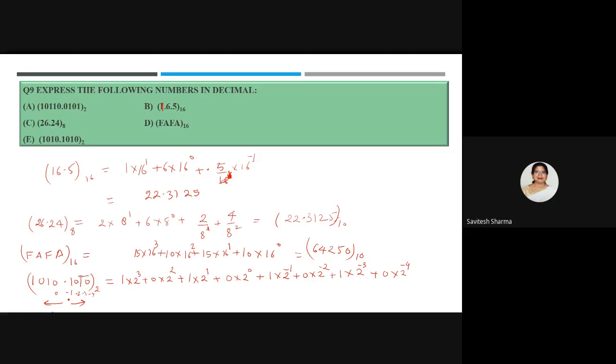So the answer for this, if you solve it, you will get 10.625. Note it down and check the answer. If it is correct, then I give you marks. One part, 1 mark.